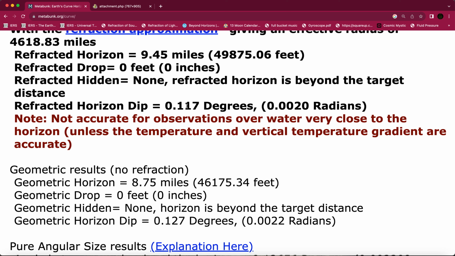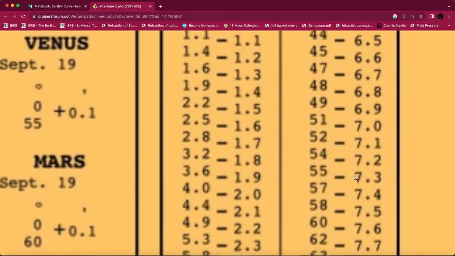So the problem is that none of them match the actual celestial navigation dip correction. And the reason they don't is because this correction here is to the horizontal. It's not a correction to a horizon that is below the horizontal from the water underneath the boat. This is correcting to a horizontal. That's the whole point of it.